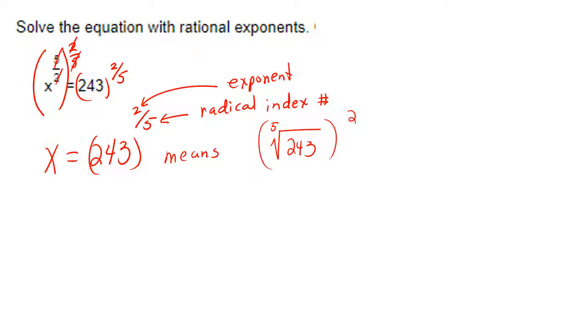Now, like I said, you could just type this in your calculator if you have a scientific calculator. And when you type that in, you do get the answer of 9. However, the reason that's 9 is because the 5th root of 243 is 3, and 3 squared gives us the 9. So 9 is my final answer.